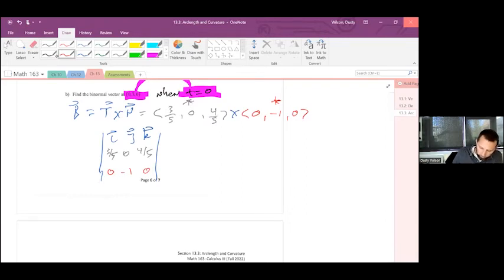The cross product there will be equal to positive 4/5, comma, negative is built into the formula, but I'm going to get a 0, comma, -3/5.